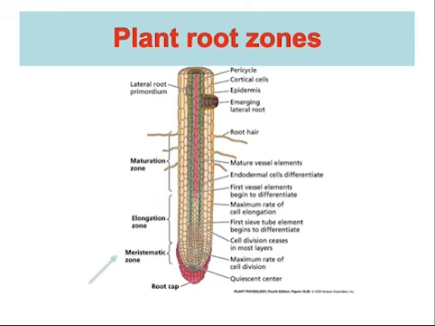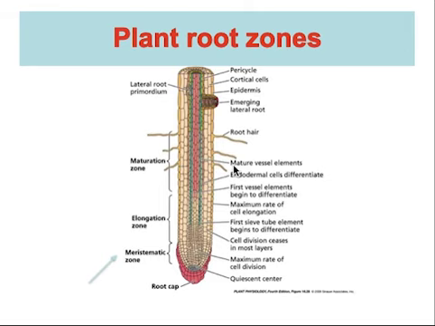The zone of elongation here moves outwards, and the zone of maturation is here. The zone of elongation is where the newly formed cells increase in length, thereby lengthening the root. Beginning at the first root hair is the zone of cell maturation.